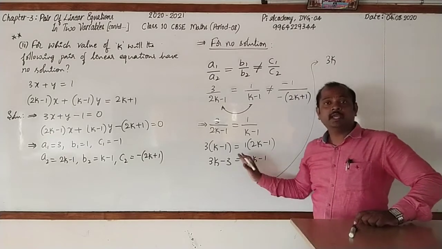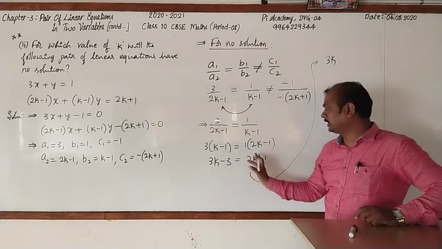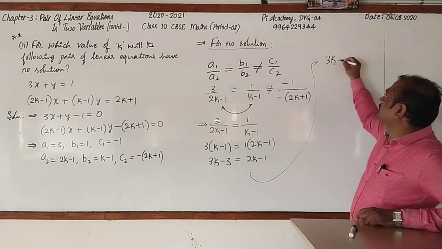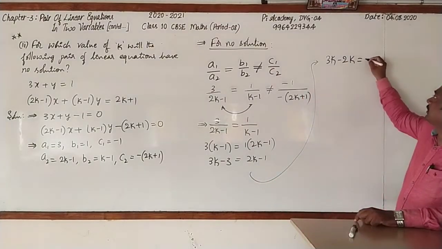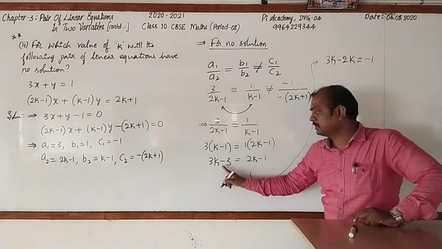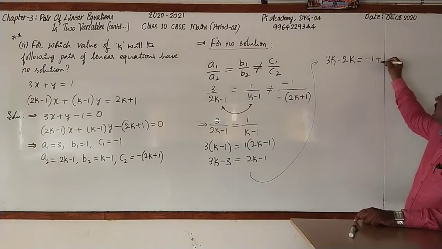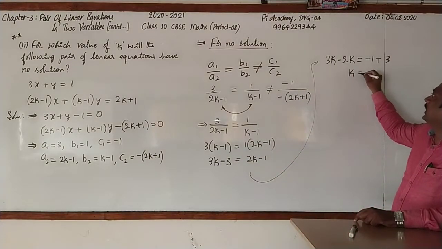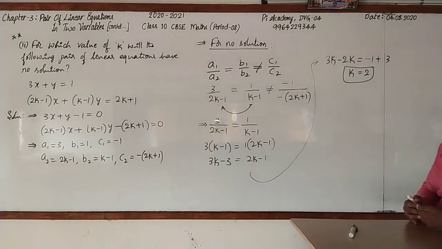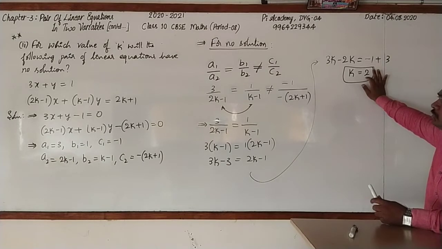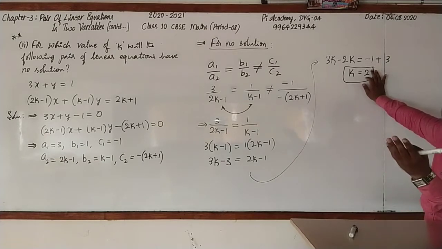Separate k terms and constants. 3k, transfer 2k to the left hand side, becomes minus 2k. Then minus 1 is on the right hand side, keep it as it is. Transfer minus 3 to the right hand side, becomes plus 3. Then k equal to 2. Followed? So if k equal to 2, then the given equations have no solution.